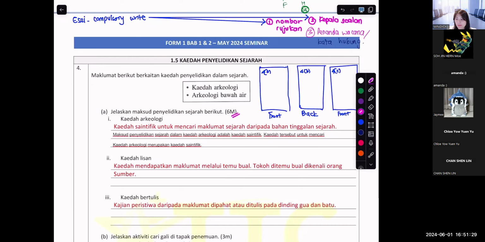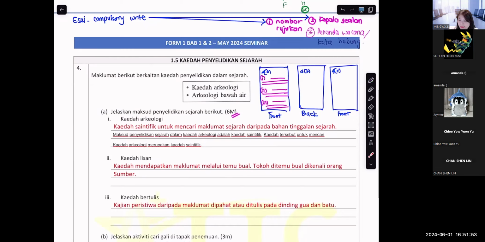So you all know already. You may say, teacher, but 4A has 1, 2, 3. You know 4A is 1, then 2, then 3. You write your answer down. When you write your answer down, how do you write it?